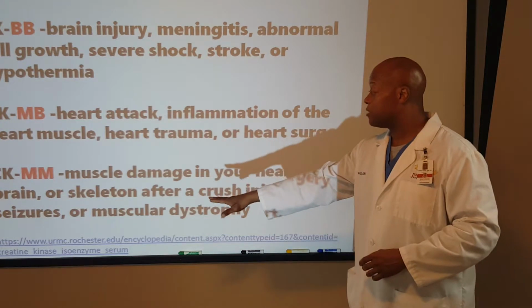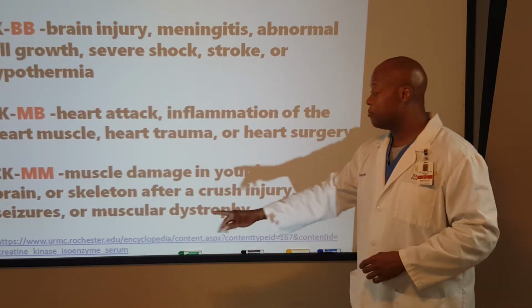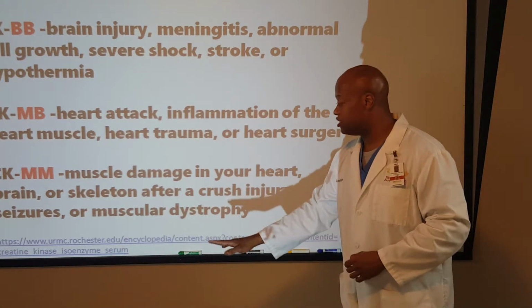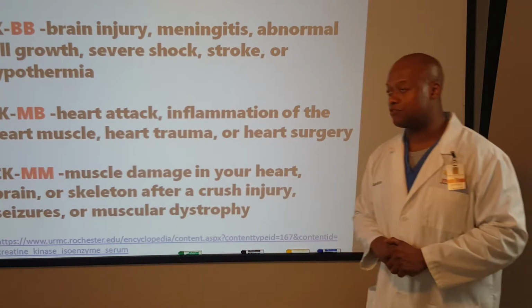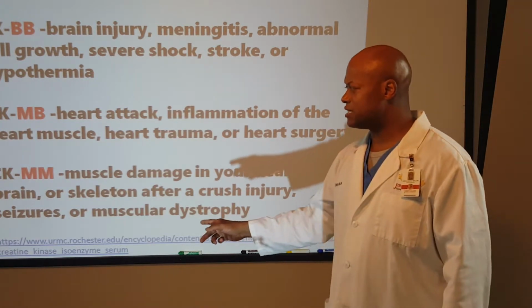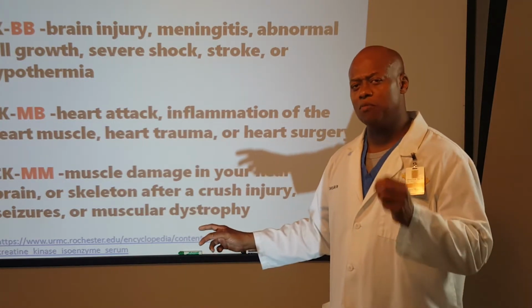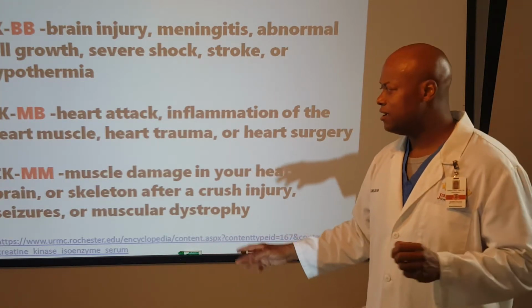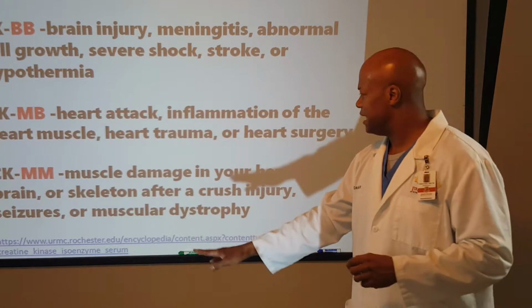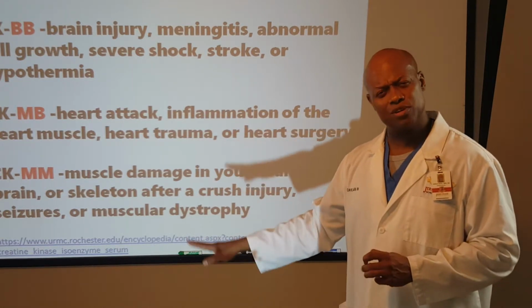CKMM, muscle damage in your heart, brain, skeleton, after a crush injury, seizures, or muscular dystrophy. This is one of the reasons that troponin tends to be the more reliable study. Why? Because you could have skeletal muscle damage that can impact some of these studies to a degree.